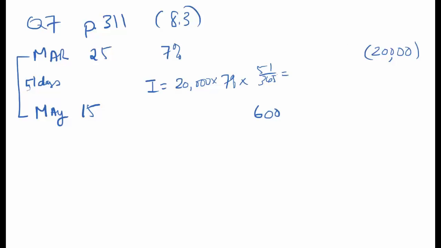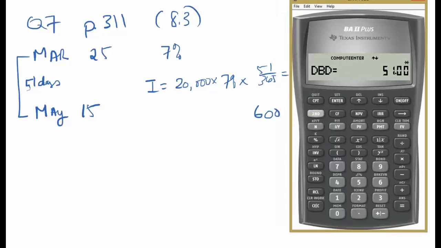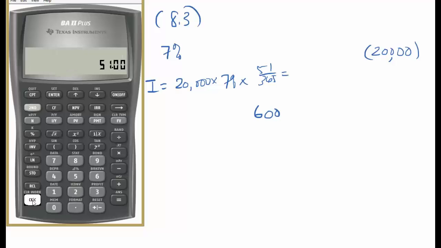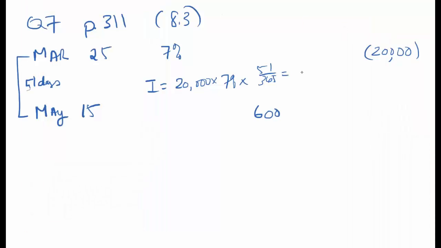Let's find what that equals: $20,000 times 7% times 51 divided by 365 equals $195.62. I'll store that in case I need it, and I'll write it in here. That's the interest owing on May 15th.